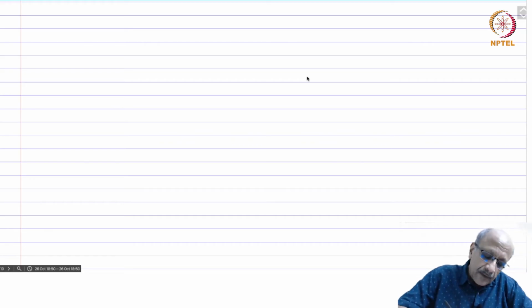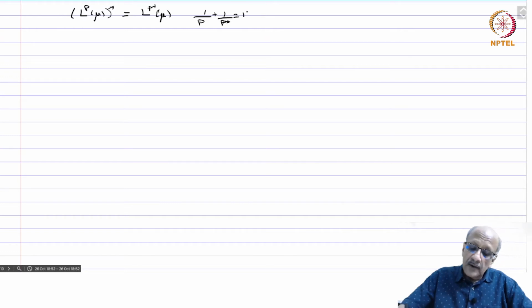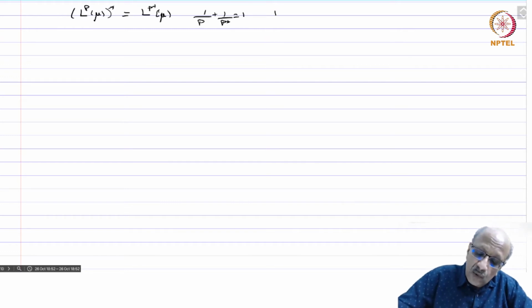We saw earlier that for any measure space (X, S, mu), we have that the dual of L^p(mu) is L^p*(mu), where 1/p + 1/p* = 1, and that is for 1 < p < infinity.